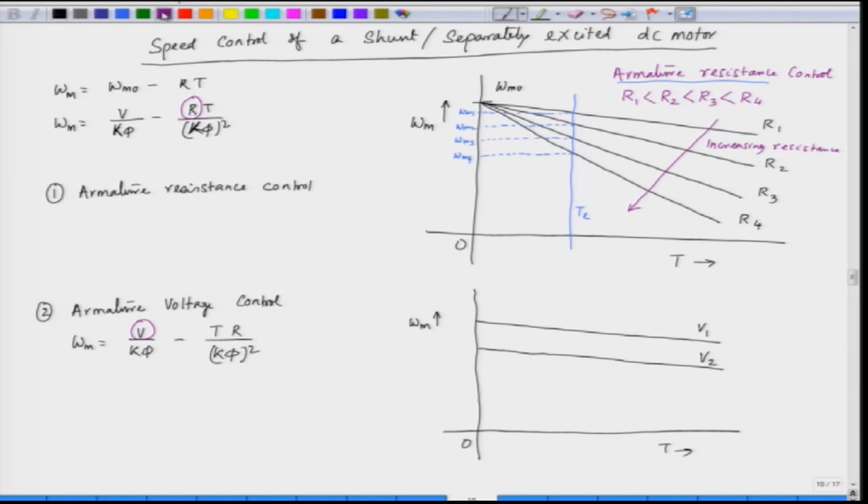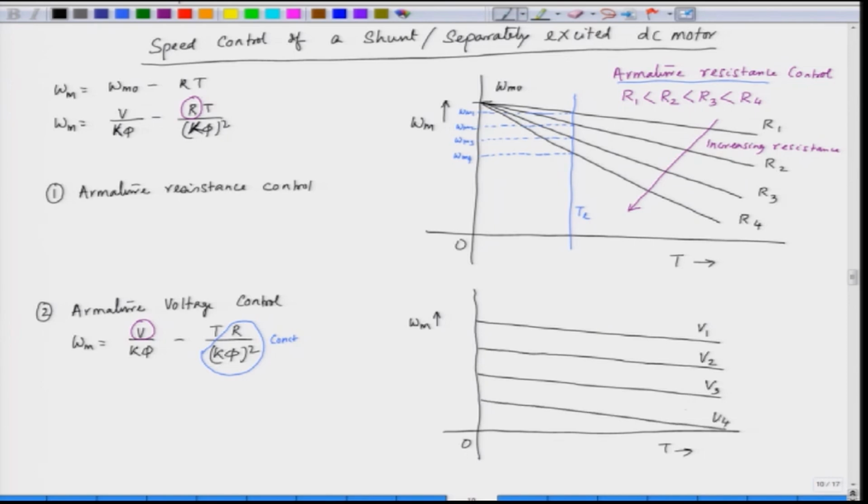This quantity is almost constant. The slope is constant, but the no load speed is changing here. So, when the no load speed is changing, we have the family of curves which we can plot like this: V1, V2, V3, V4.